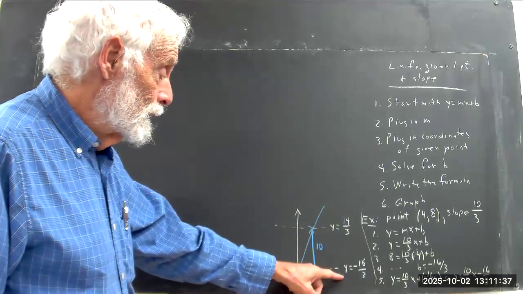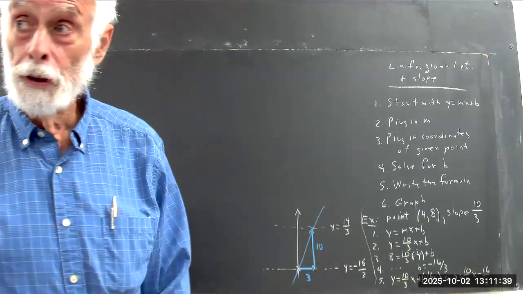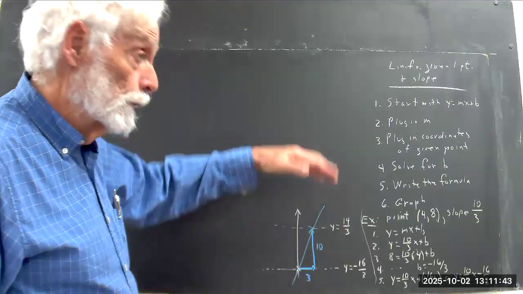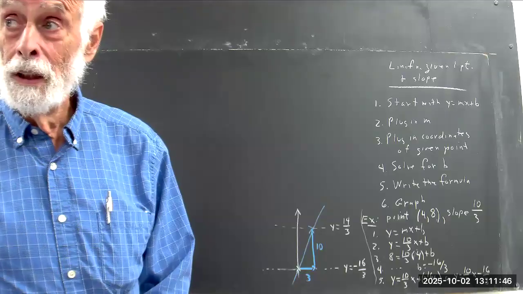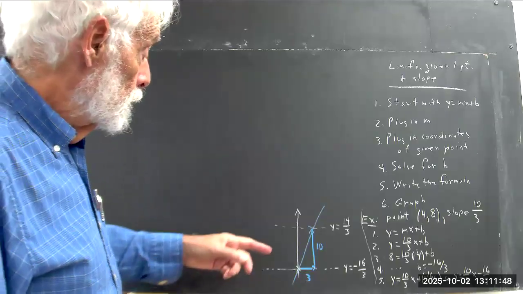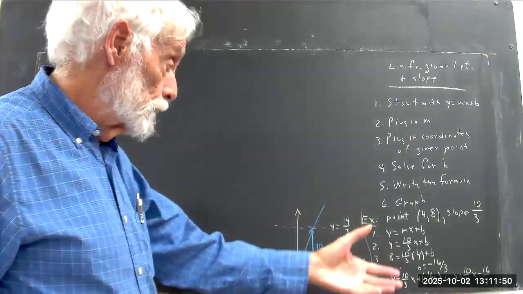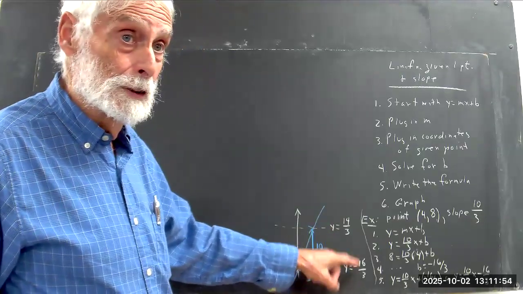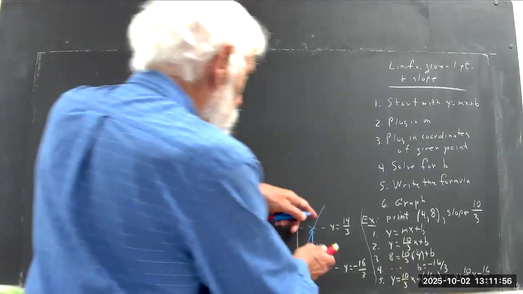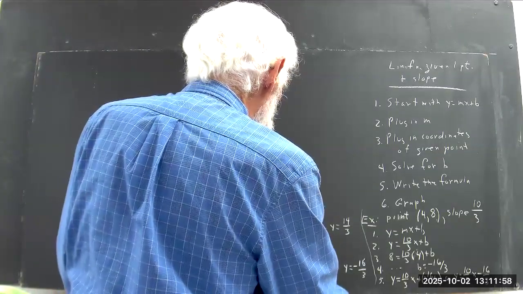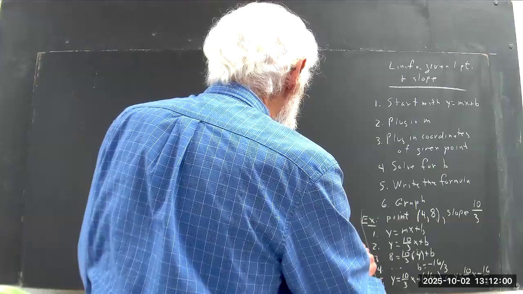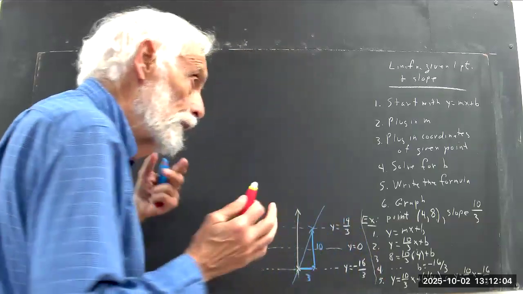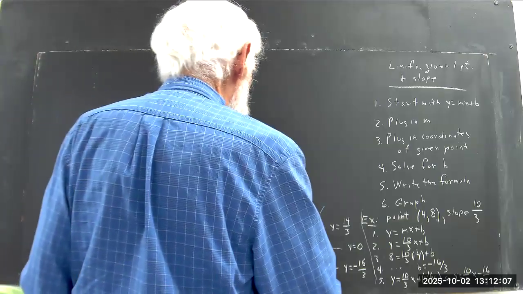Well, 16/3 is pretty close to 14/3. This is 16/3 below the x-axis. This is 14/3 above the x-axis. So y equals 0 is going to go between these, but a little closer to this one. 16 is bigger than 14. So halfway between would be about here. So I'm just going to say, okay, about here. That's the line y equals 0, but of course, the line y equals 0 is the x-axis.